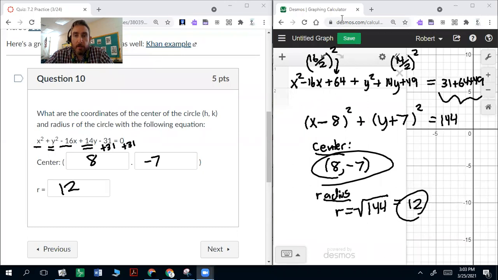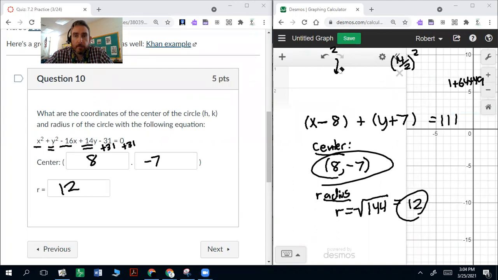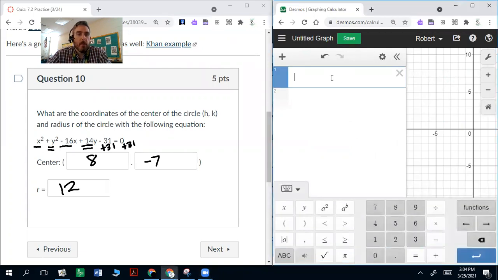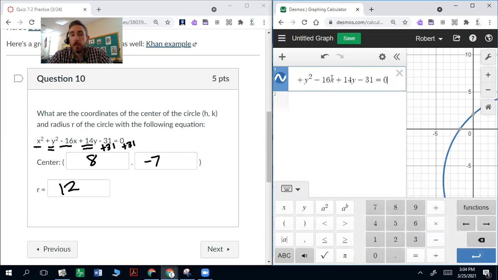All right, I'm gonna clear these out. Let's verify we get the right graph. X squared plus y squared minus 16x plus 14y minus 31 equals 0.